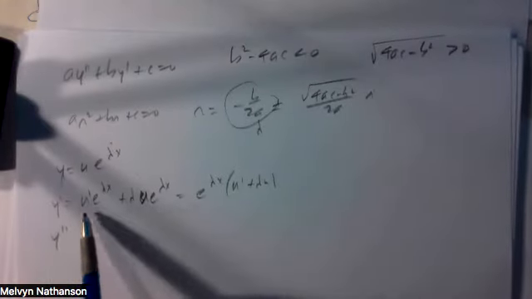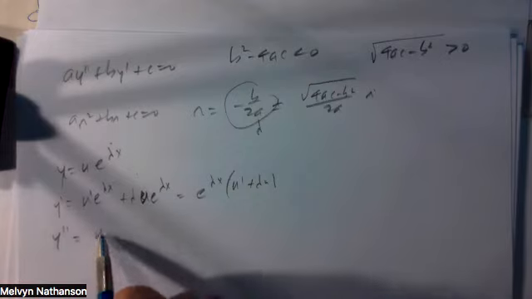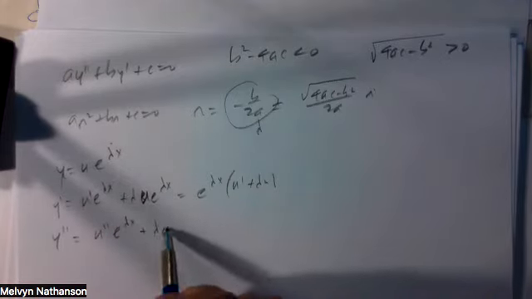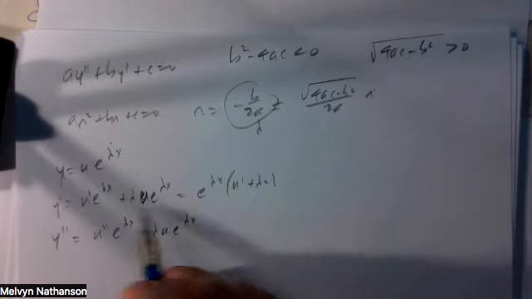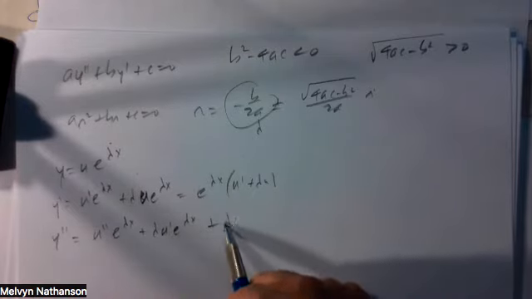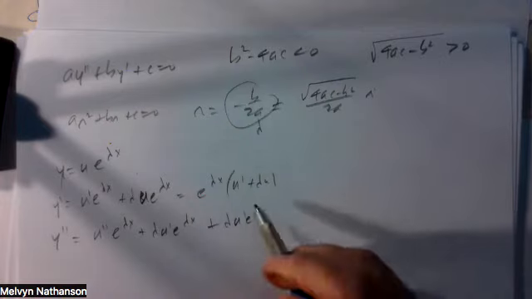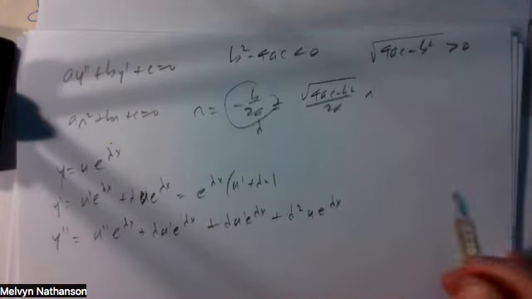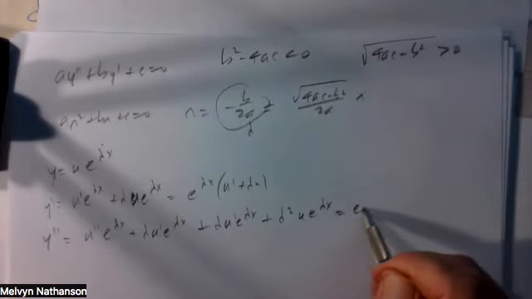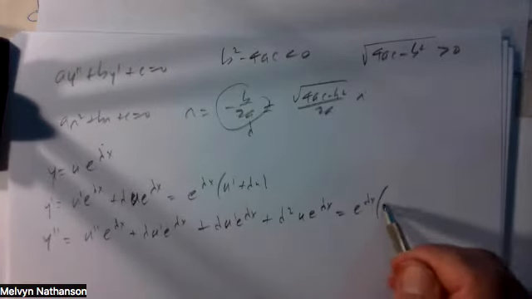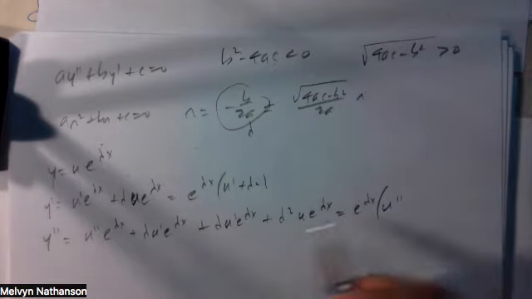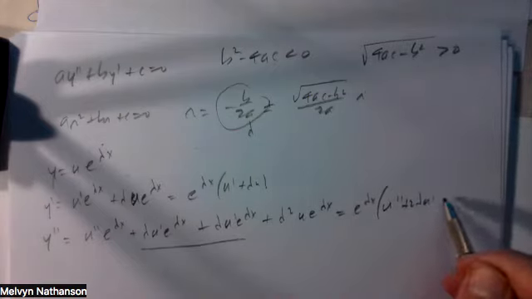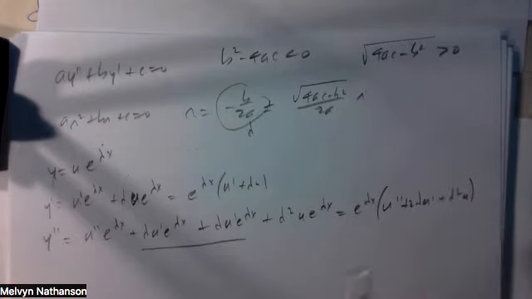And the second derivative, I differentiate this again, I get u double prime e to the lambda x plus lambda u prime e to the lambda x plus lambda u prime e to the lambda x plus lambda squared u e to the lambda x, which is e to the lambda x times u double prime plus 2 lambda u prime plus lambda squared u.